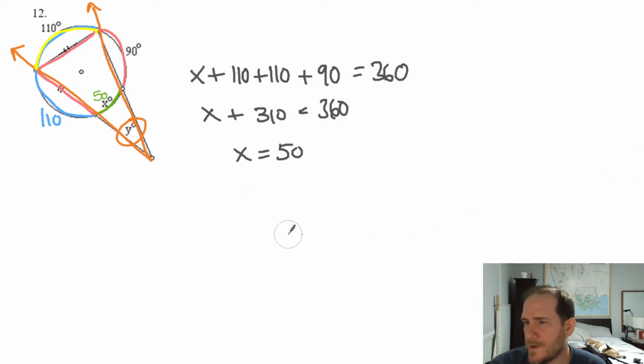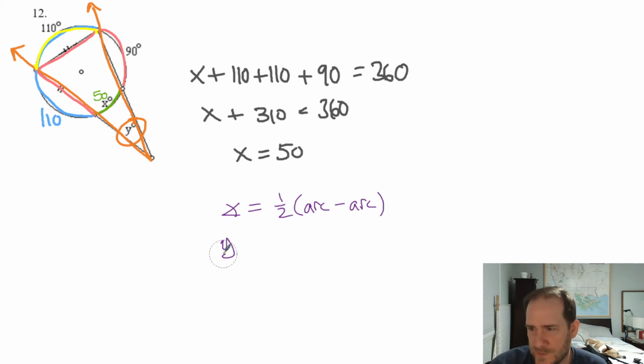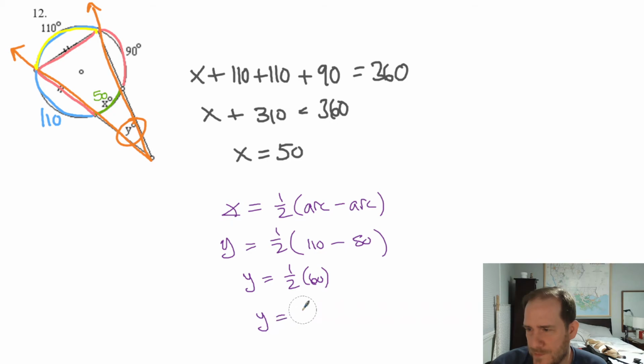We know that this kind of angle, the one that's on the outside of the circle, will always be equal to 1/2 of the arc minus the arc. The outermost arc, the big one, is the 110. And the innermost arc, the smaller one, is 50. So I'm getting y equals 1/2 of 60, which means y equals 30.